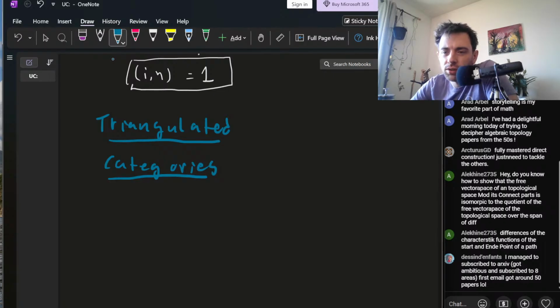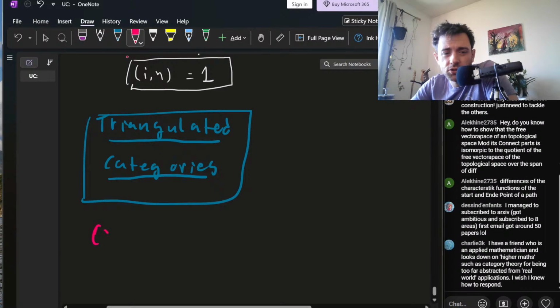Do I know how to show that the free vector space of a topological space, mod its connected parts, is isomorphic? Okay, so X is a topological space, and then I take the free vector space, say over some field F, of X. And then I mod the connected parts?